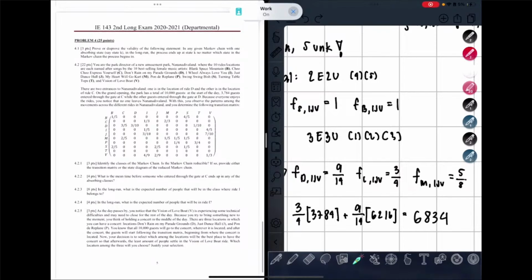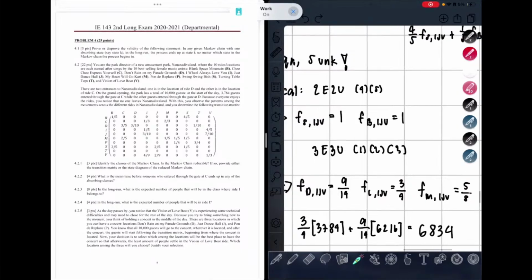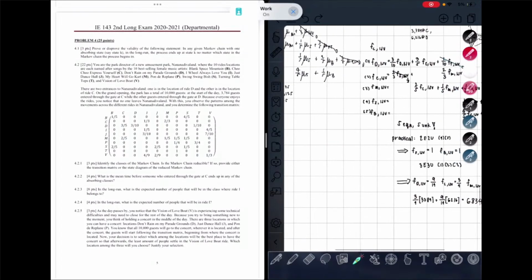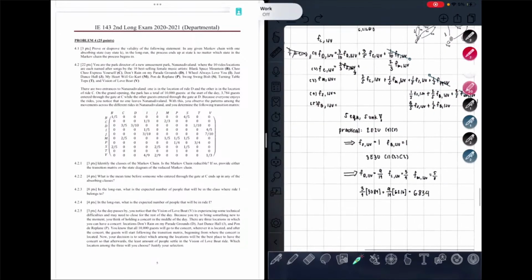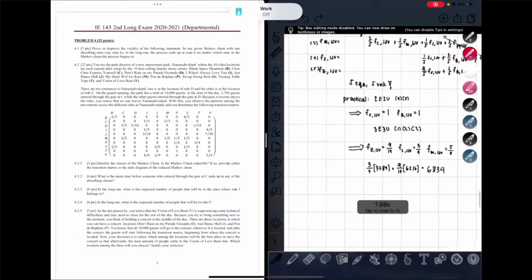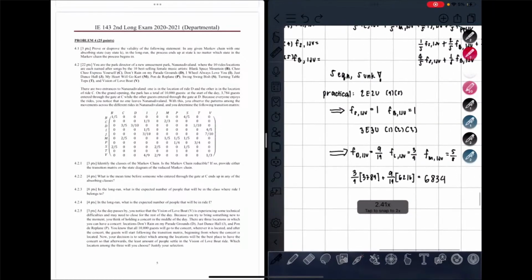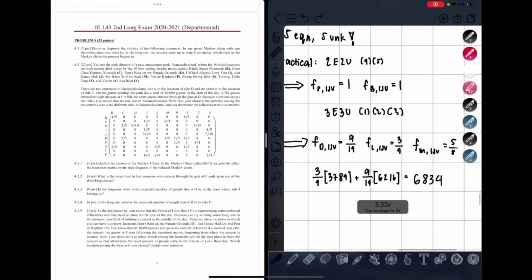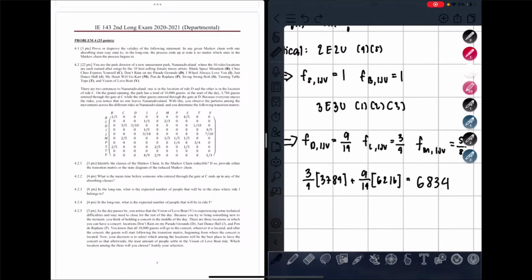What is being asked specifically is, what is the number of expected people at RIDE-I? This is it. Some amount of people, so what are these two? Recall that there are 3784 people who entered through gate C, right?